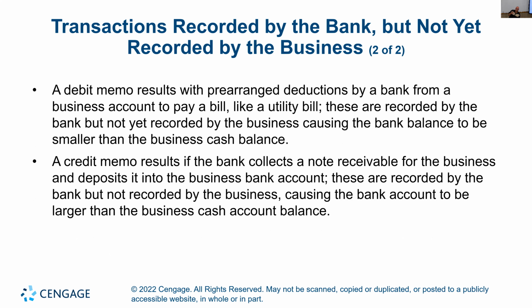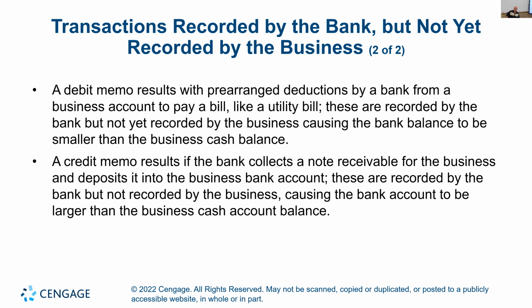This gets a little confusing for some students because we have to look at this from the bank's point of view here. For everything we've been talking about so far, a debit increases cash. I don't want you to forget that, because a debit does increase the business's cash. But when you get a debit memo from the bank, it means they are taking your money out of your account, and so your cash is going down.